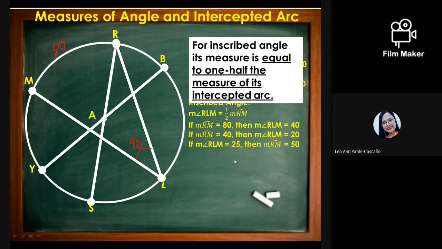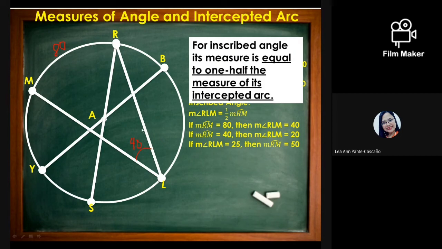Now, ang given naman natin ngayon ay angle. Kung ang angle daw po ay na RLM is 25, ang magiging sukat naman po or degree measure naman ng ating arc is 50. Na doble naman. Kasi ang hinahanap naman natin ngayon, yung sukat naman ng arc.